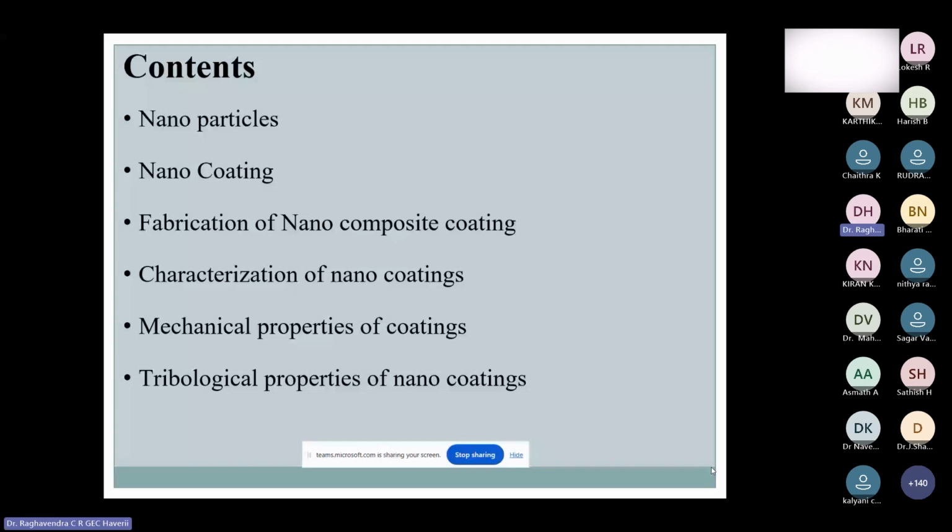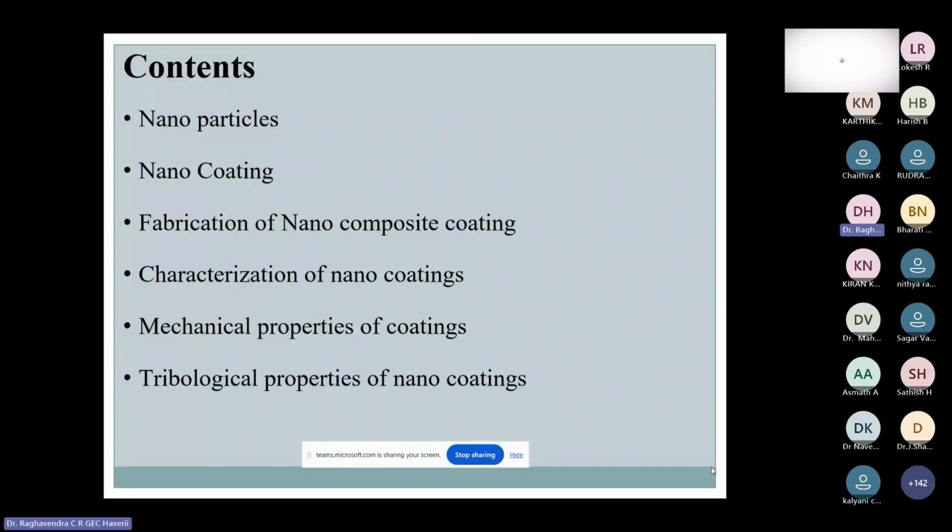Then the fabrication of nanocomposite coatings, how these nanocomposite coatings have been fabricated using different techniques based on the applications, based on the primary and secondary particles, and based on the area of the applications where we are going to use the substrate materials.